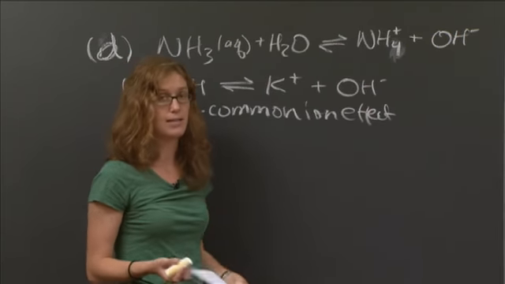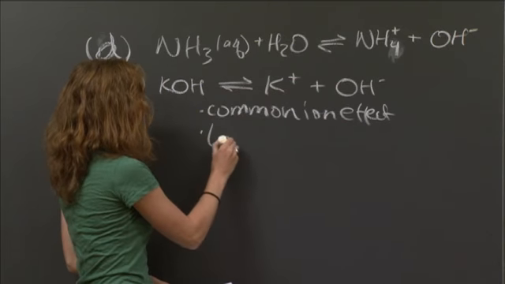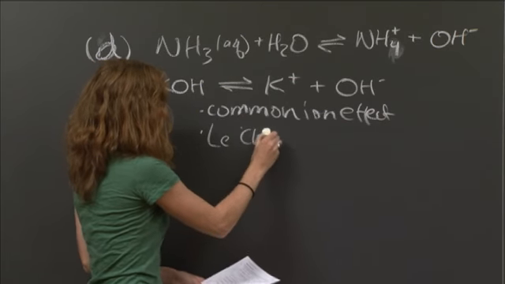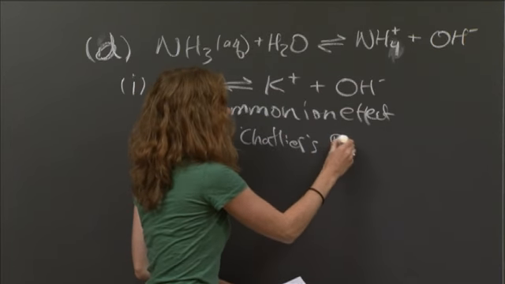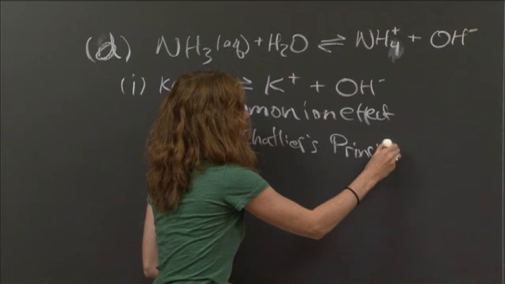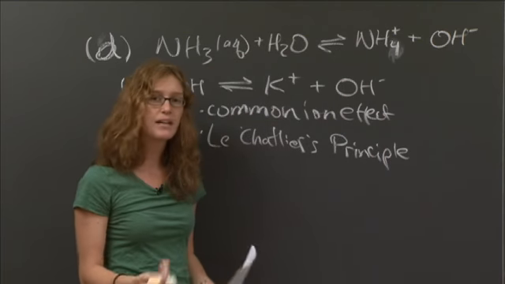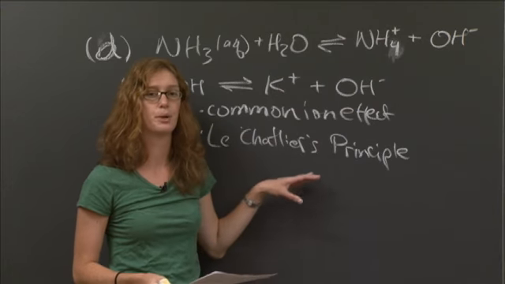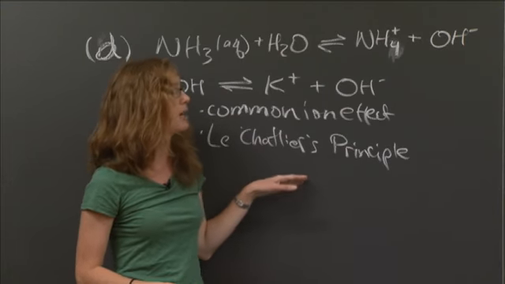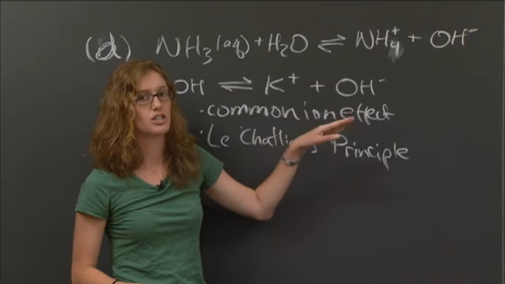Another way to think about that is Le Chatelier's principle. It's kind of the same thing, although it's a little bit more versatile. I think it's pretty easy to think about, right? If you add a product, your reaction will shift to the left.